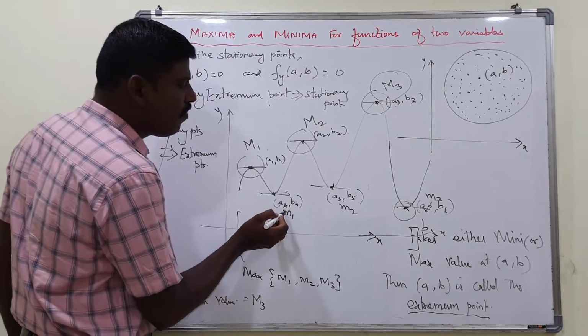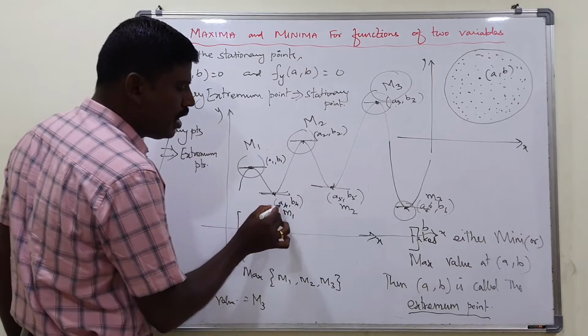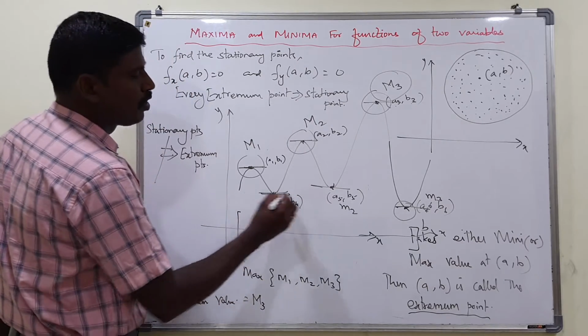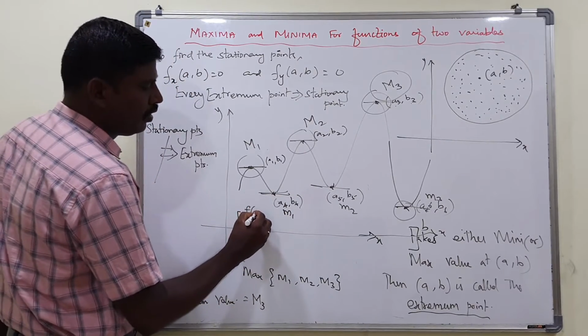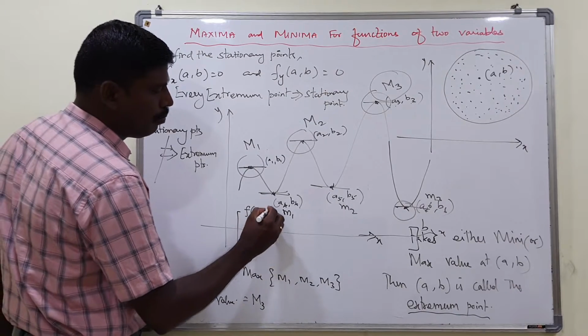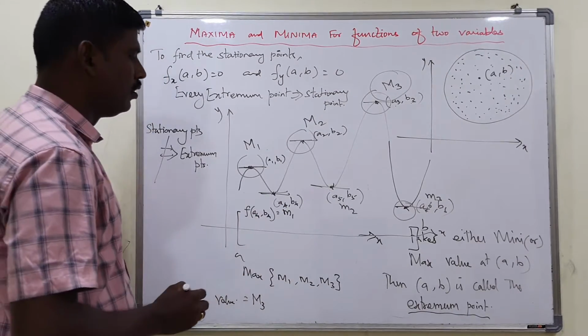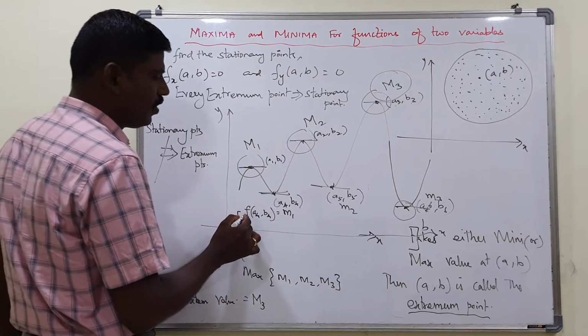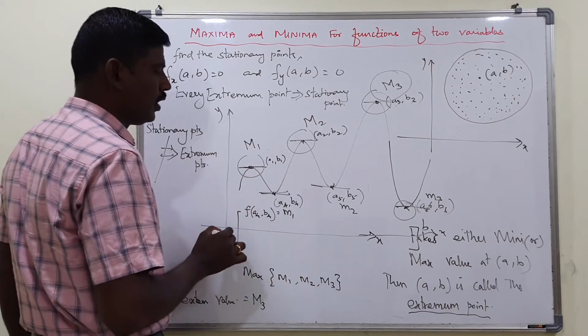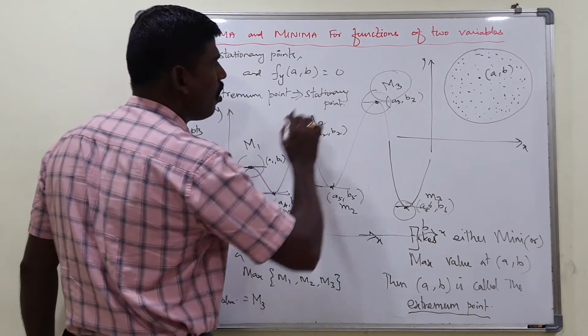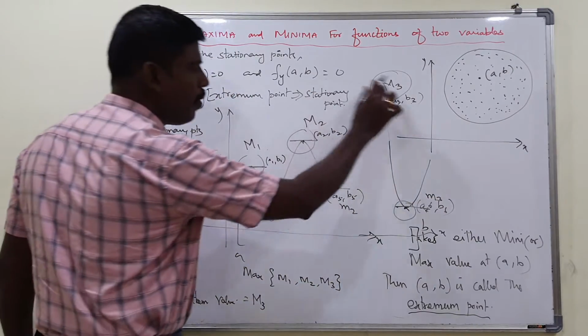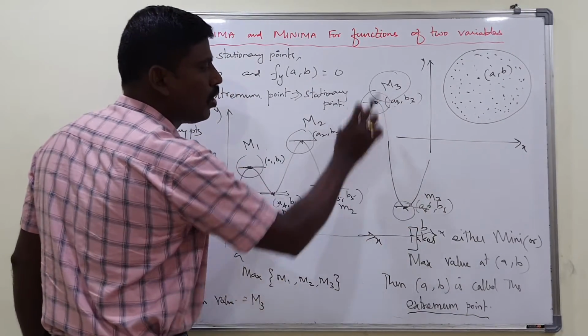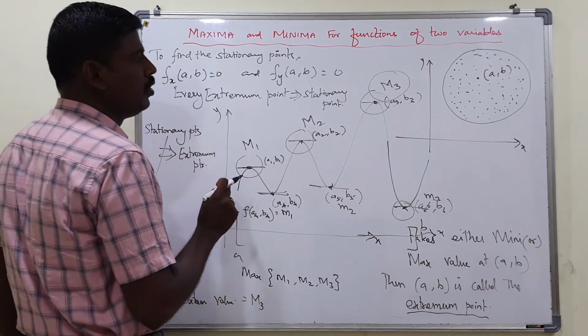This is the value of the function f of x comma y at the point a4 comma b4. That means f of a4 comma b4 is equal to m1. So the value of f at the point is m1. That's all. So among all these 6 stationary points, only these 2 are extremum points.